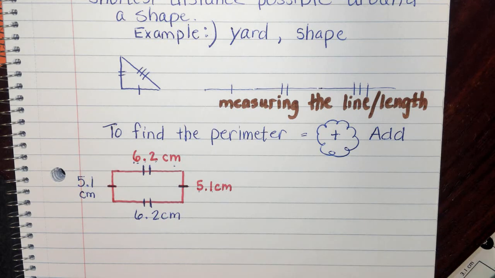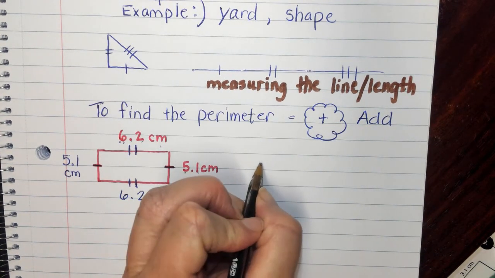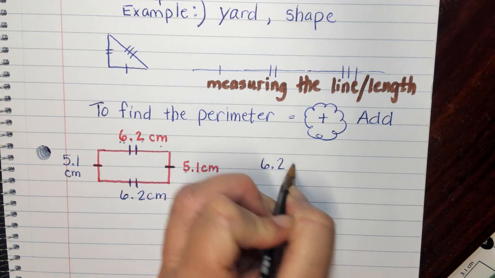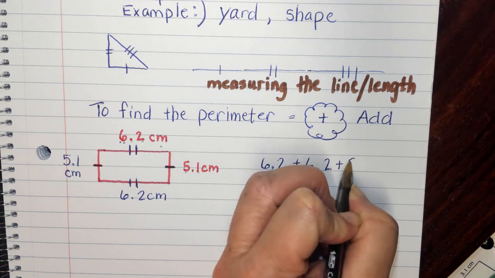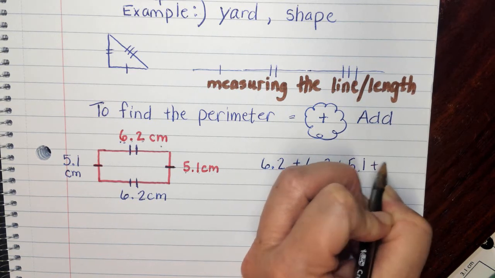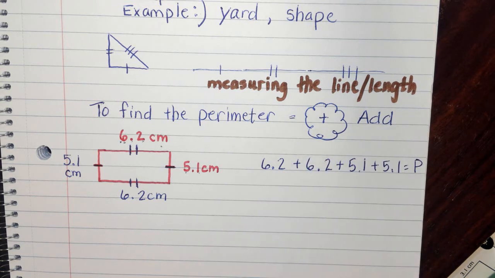Now, of course, if I wanted to find the perimeter of this, I could say 6.2 plus 6.2 plus 5.1 plus 5.1 equals, and I'm going to use P for perimeter. But I want to challenge you right now, because we've been talking about equations and expressions. Do you see a more efficient way of writing this?